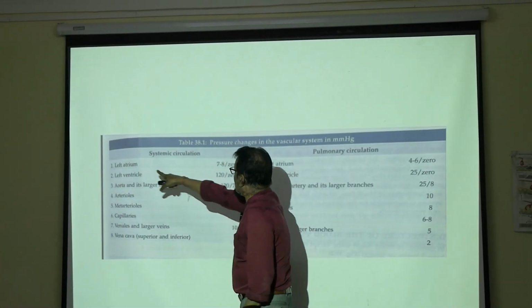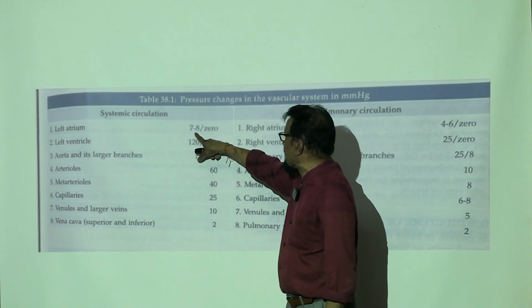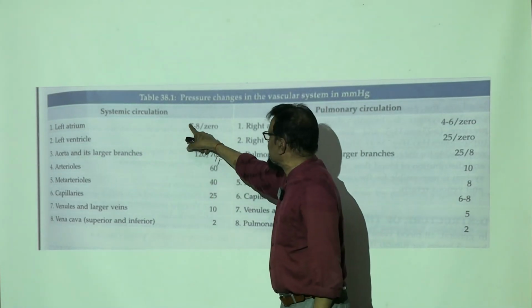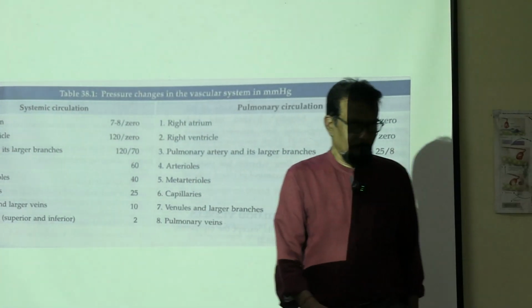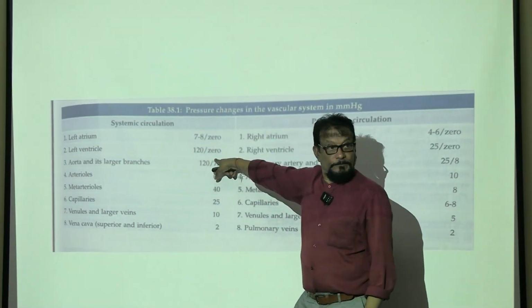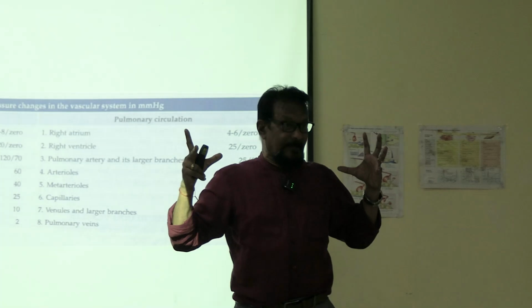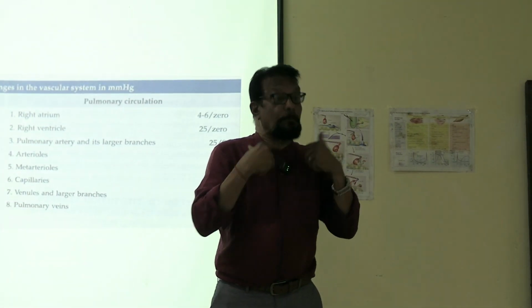See, in the left atrium, systemic circulation, what is the pressure? During systole it is 7 to 8, diastolic pressure 0. In the left ventricle, much more, because it has to generate more force to create more pressure.